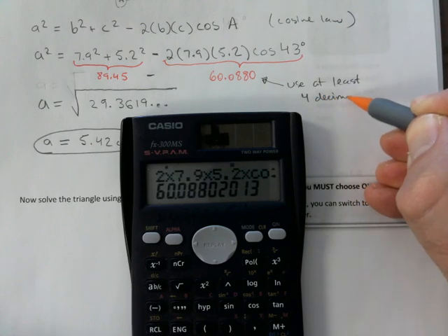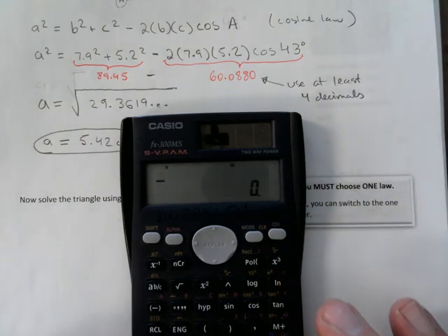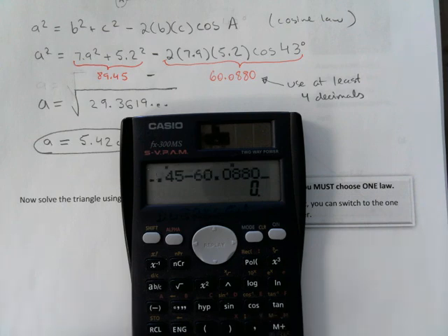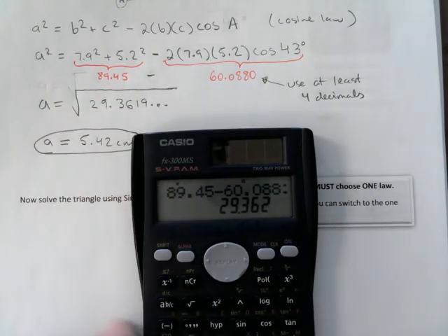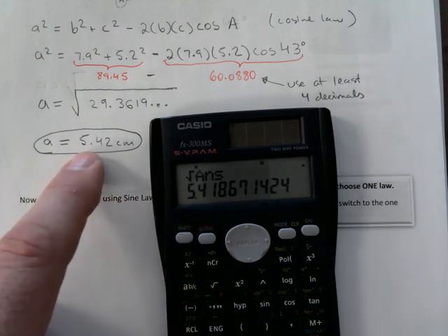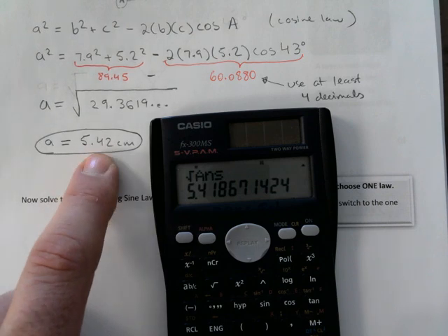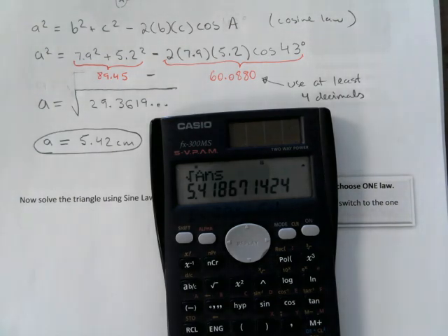If you want to do this in steps, I do not recommend that, but some of you might want to. Then you go 89.45 minus 60.0880. You get that, so it's different because you round it. That's okay. Take the square root of that. You still get 5.42, just like we did. Some of you have calculators that aren't so friendly, so that's when you need to break it down into steps. Capiche?